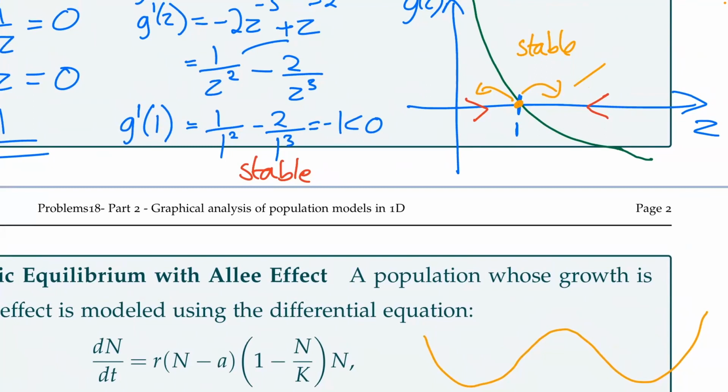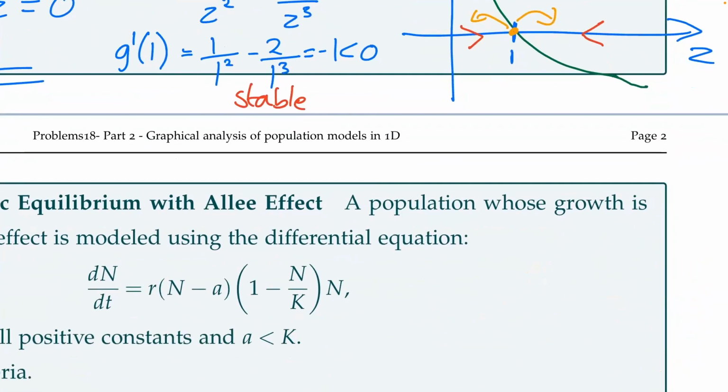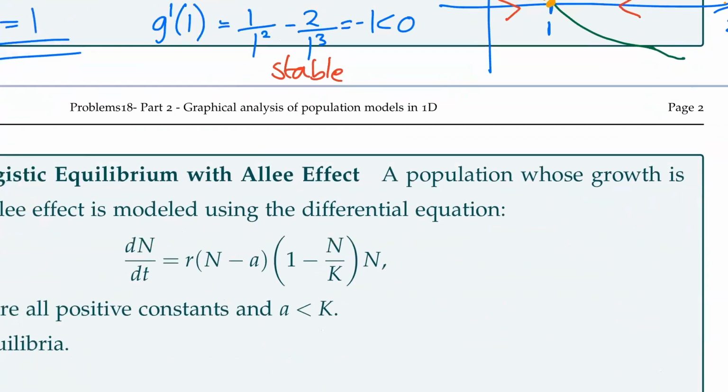You can't cross the axis with a negative slope and then also cross the axis again with another negative slope. The next time has to be positive, right? So if you're doing this and you find you have a stable next to a stable, or an unstable next to an unstable, you've done something wrong. If you have stable next to unstable, you've done something right, probably. Okay.